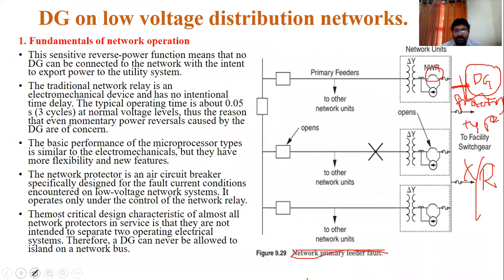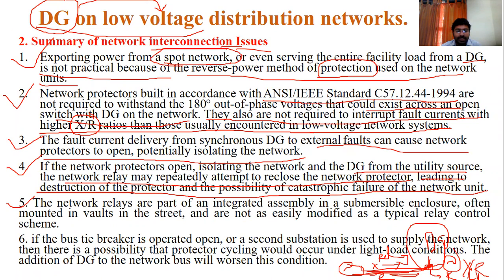This is connected to this bus tie or some tie line. Whenever the bus tie breaker is open and our second substation is used to supply the network, there is a possibility that protector cycling would occur under light load conditions. Remember this point. The addition of DC to that network bus will worsen these conditions.